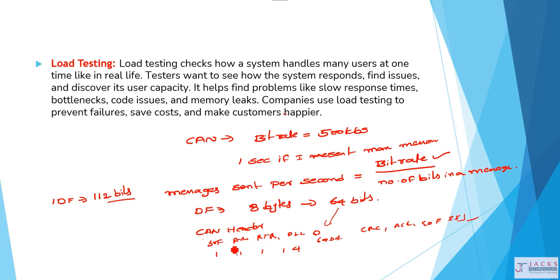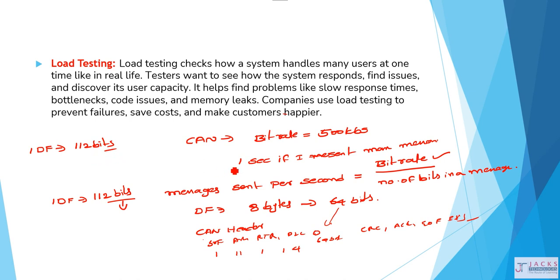Start of frame is 1 bit, this is 11, total 12 bits, RTR is 13, identifier extension is 14, reserved is 15. Like that, the complete CAN header along with the 64 data bits consists of a total of 112 bits. Which means if you send one data frame onto the CAN, you are transmitting 112 bits onto the CAN network.